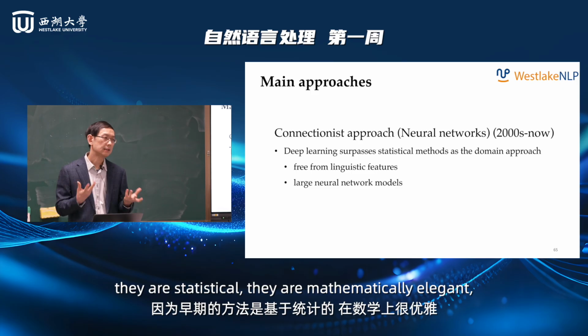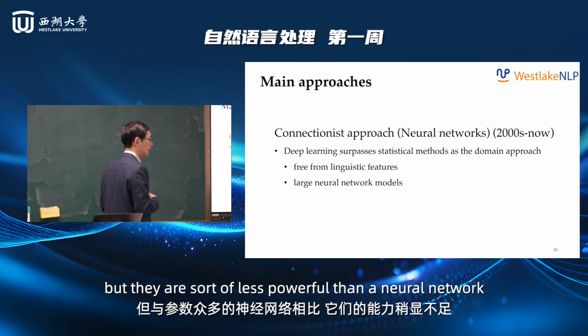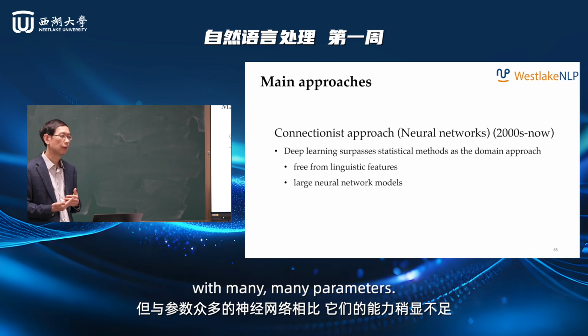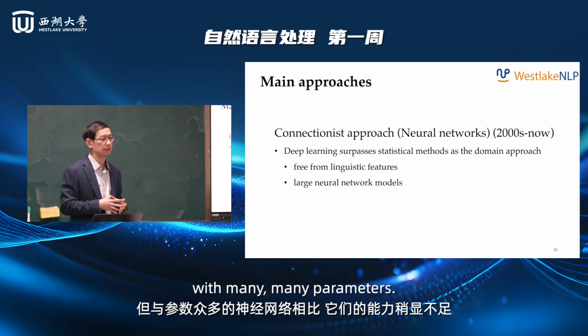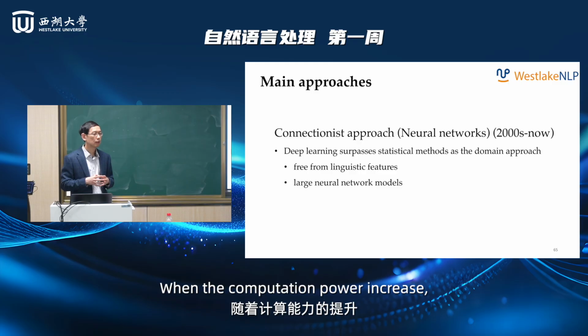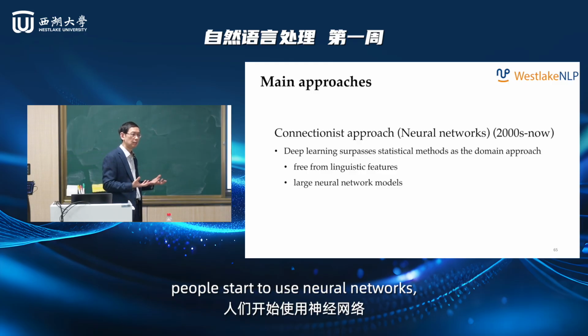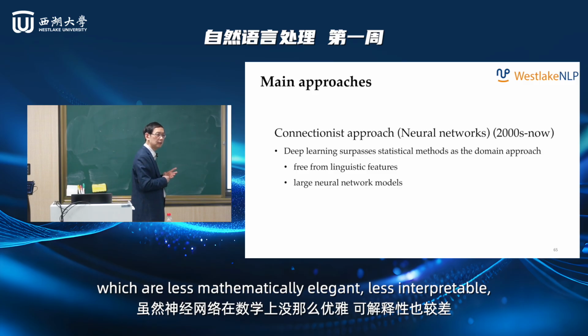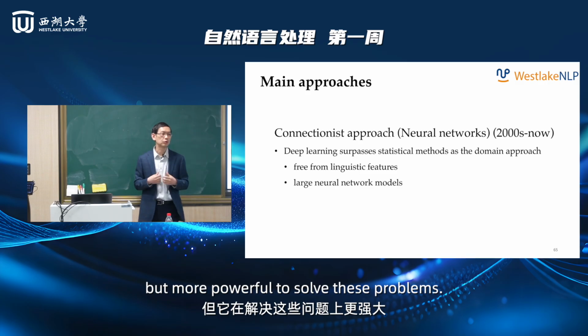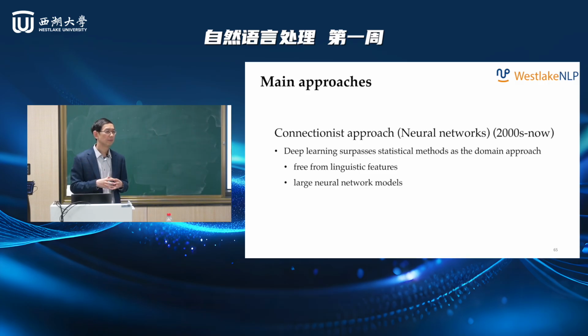They are statistical, they're mathematically elegant, but they are less powerful than a neural network with many, many parameters, okay? When the computation power increased, people started to use neural networks, which are less mathematically elegant, okay, less interpretable, but more powerful to solve these problems, okay?